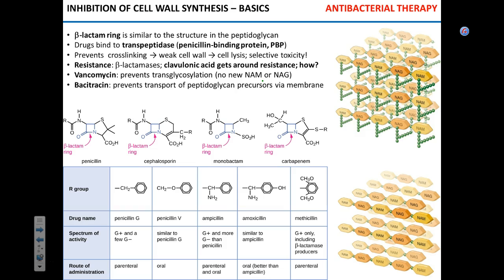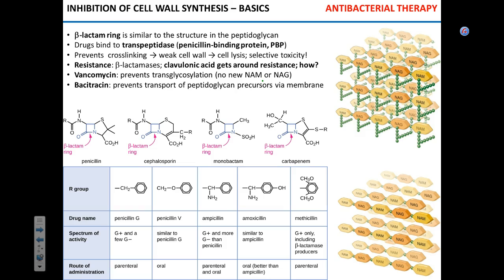Binary fission. Before they divide, what happens to the mother cell? It replicates DNA. What happens to the size of the mother cell? It increases, so it has to make more of everything, including cell wall. If you can inhibit the synthesis of that cell wall, you're going to inhibit essentially replication of microbes.